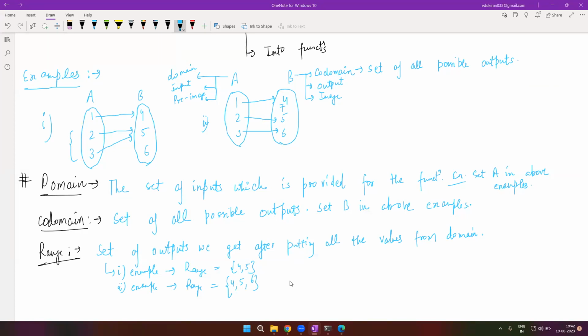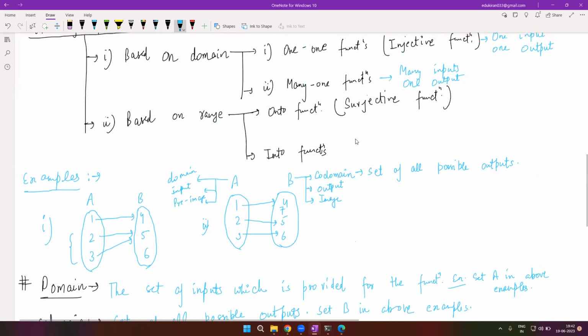Sabhi log, did you understand, everyone? What is the difference between range and codomain? Codomain is all possible outputs. Range is not all possible outputs, it is the outputs we get. Right? Now, coming to onto and into functions.